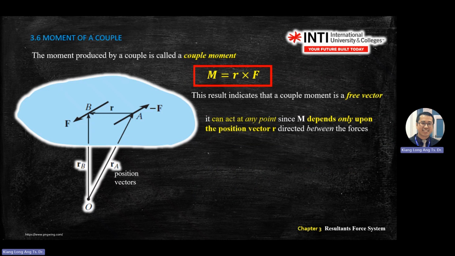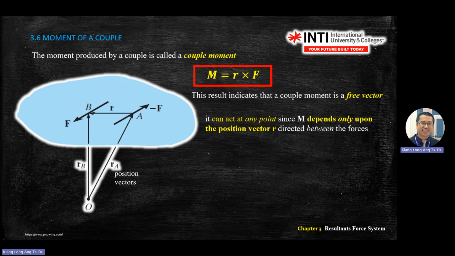So this one, R cross F, you get a free vector, right? A free vector can act at any point, since M depends only upon the position vector R directed between the forces. So this is the R between the two forces.